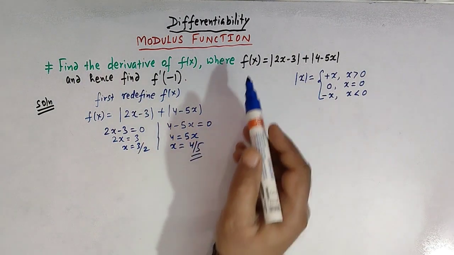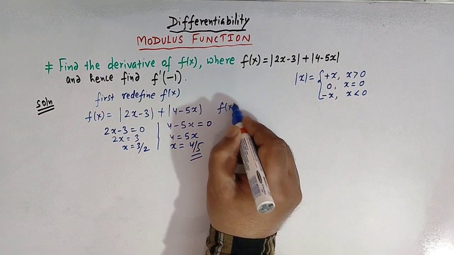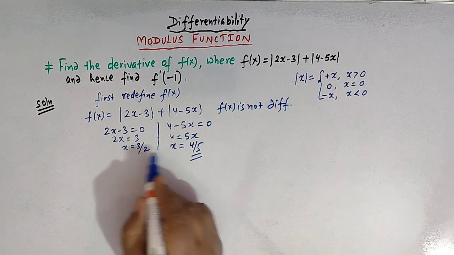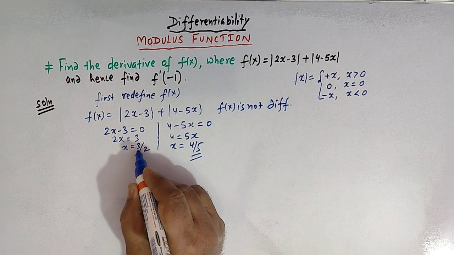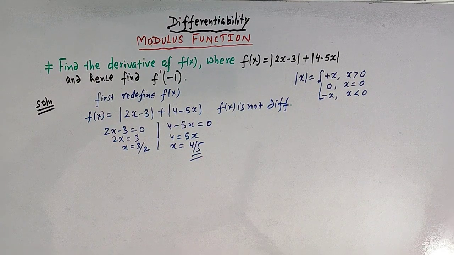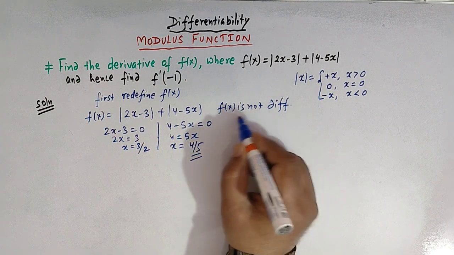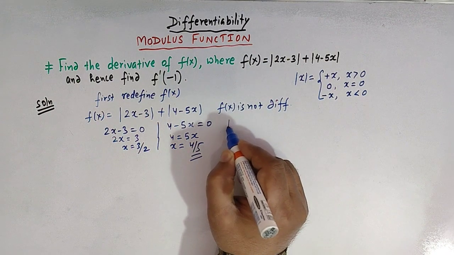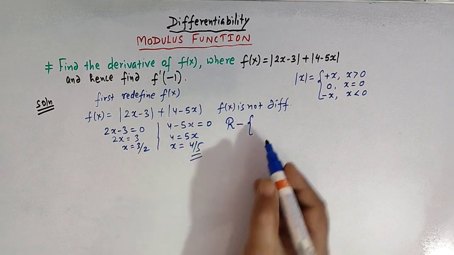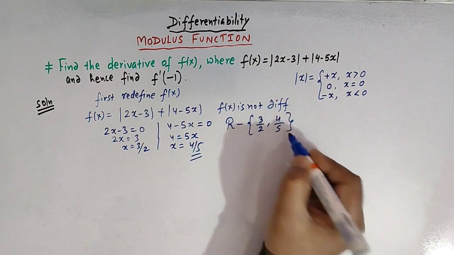So first of all, we conclude that f of x is not differentiable at these two points, x is equal to 3 by 2 and 4 by 5. Now we can say that f of x is differentiable in R excluding these two points, 3 by 2 and 4 by 5.